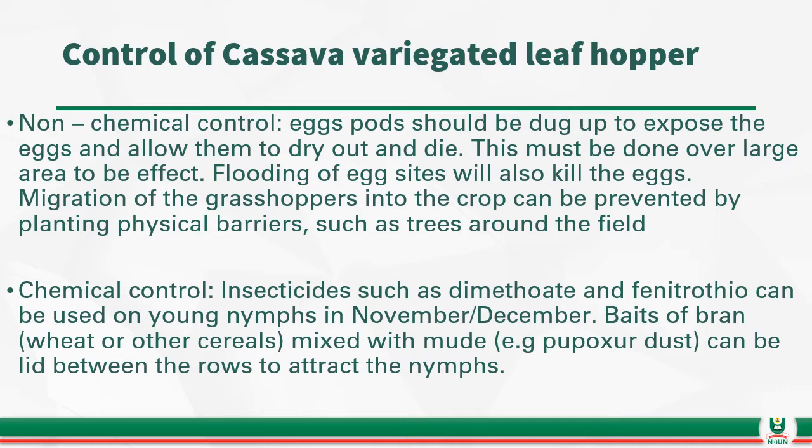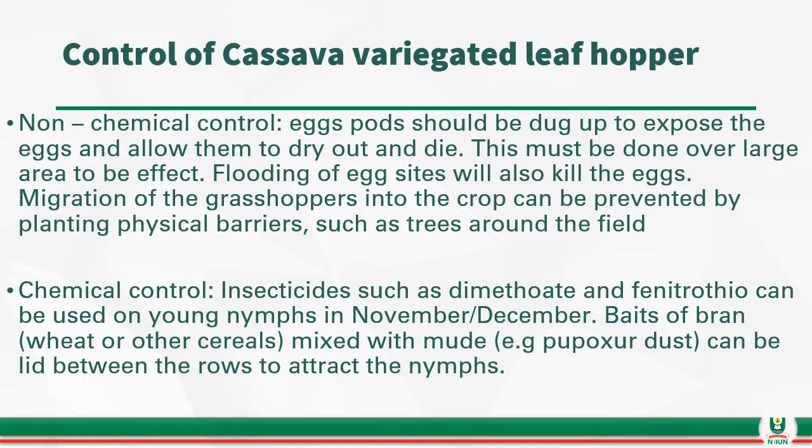If you want to control it non-chemically, then you have to go after their eggs, because they normally dig the soil and lay their eggs in it. So the egg pods should be dug up to expose the eggs, because once the eggs are exposed to sunlight, it dries them out and they die.